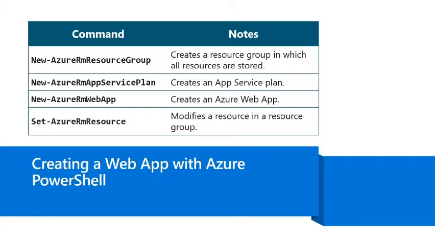To create an app service plan, you say New-AzureRmAppServicePlan, which creates an app service plan, and then to create a new web app, you say New-AzureRmWebApp, and to modify a resource in a resource group, you just say Set-AzureRmResource.